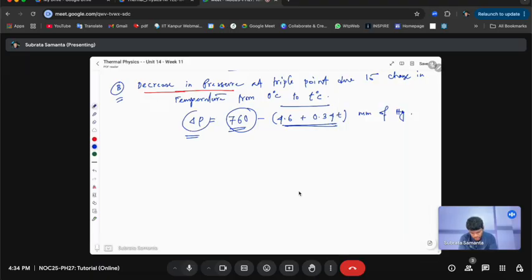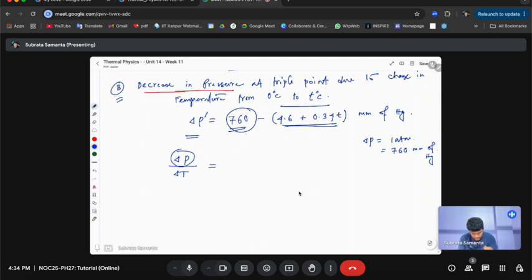So this one is delta P. Now if you use the Clausius-Clapeyron equation, your delta P over delta T, where delta P prime is the decrease in pressure, and delta P is the change in pressure. Why is delta P 1 atm? So delta P is 1 atm, which is basically 760 millimeter of Hg.